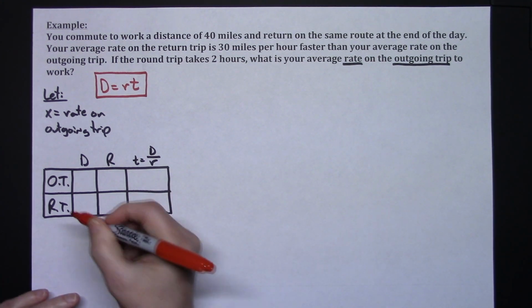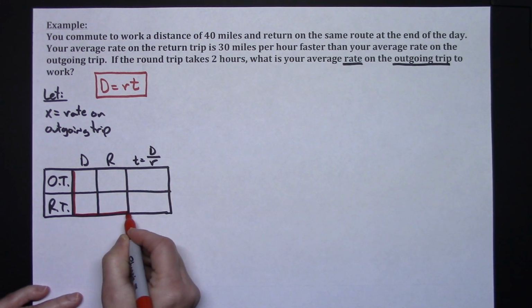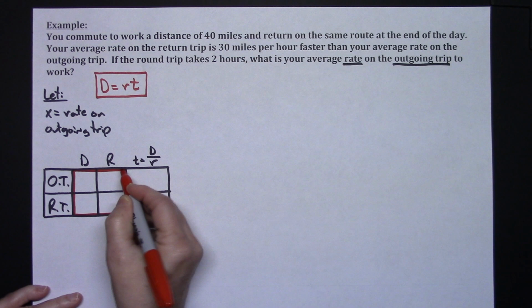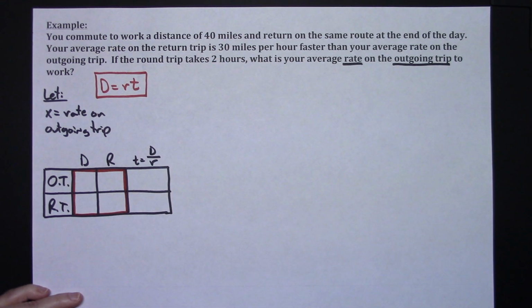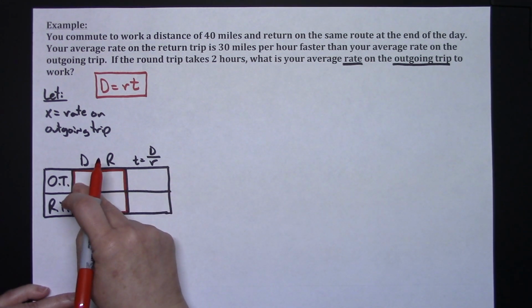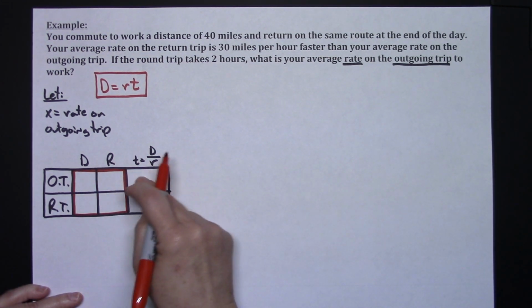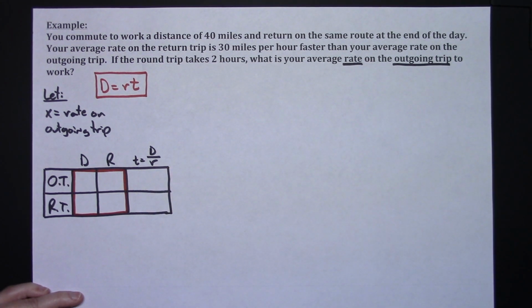So I really only have to fill in these main 4 boxes from the information in the story problem, and then if I do that correctly, I can divide the distance by the rate to get the time, and I will have everything I need to write my equation to solve it.